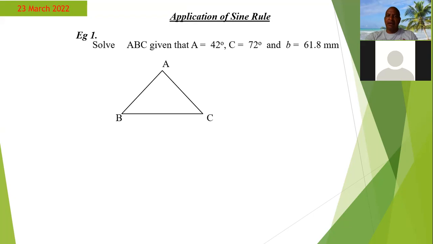So we have the angle A, the angle C, and the side B. Those are what we are given.